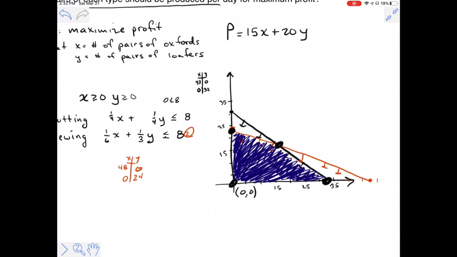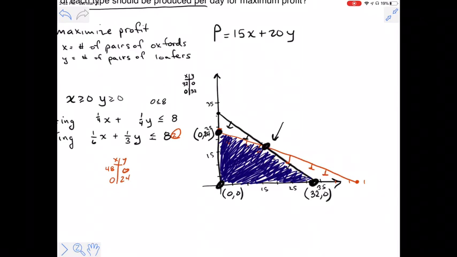So that's the point 0, 0. This is the point 32, 0. That was a point 0, 24. That one there, since it's the intersection of two graphs, that one needs to be solved or found by solving a system of equations.